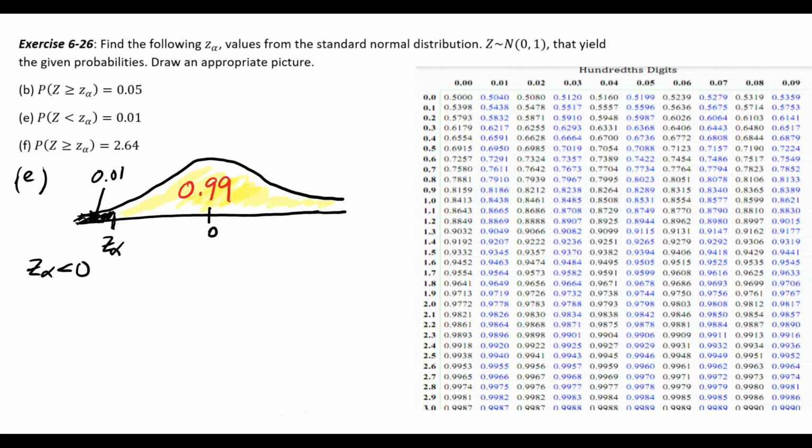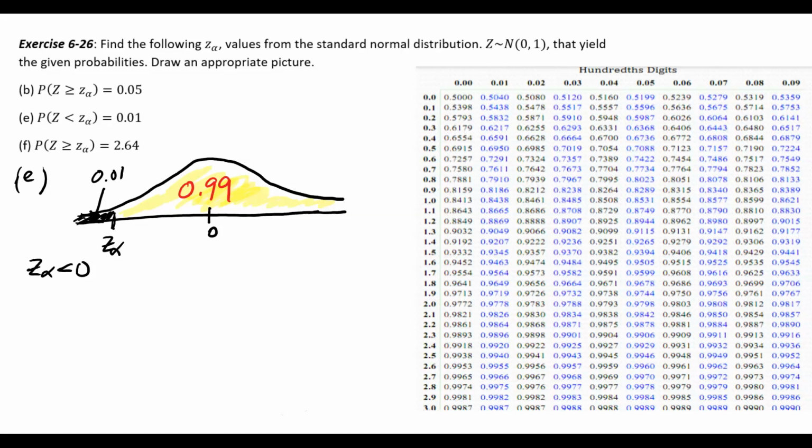So those are two things that we have to remember. Also remember that our standard normal distribution table only gives us positive values. So we're going to have to look at this more closely.